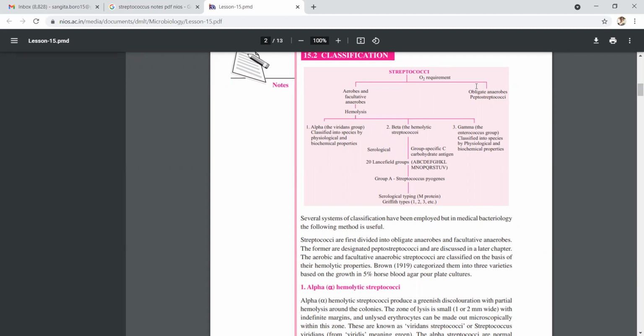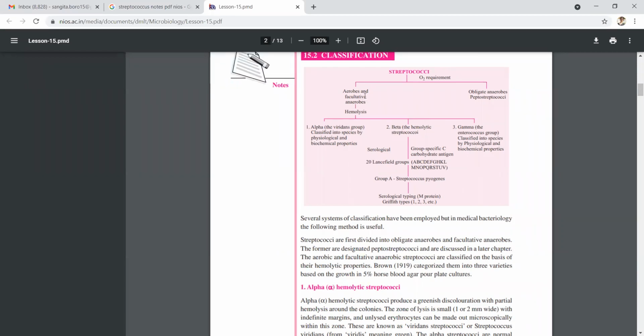That is present on the right side of this flow chart. The name of such an obligate anaerobe is Peptostreptococci. Then on the other hand, you have the aerobes and facultative anaerobes. That means these are oxygen-loving bacteria, and a few may slightly be present in absence of oxygen also for a short duration.